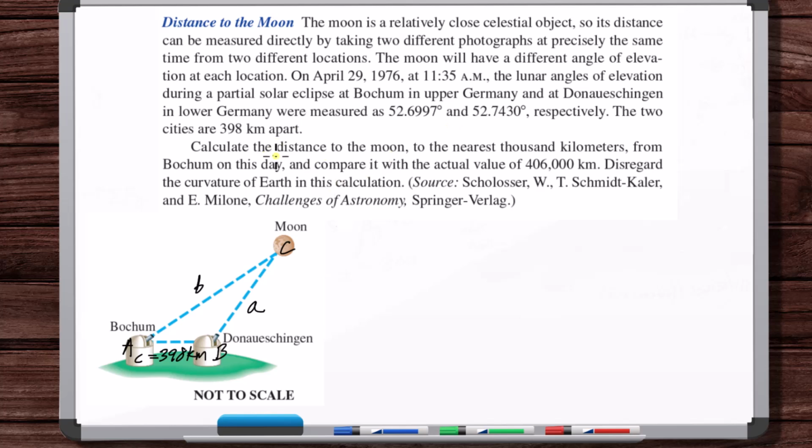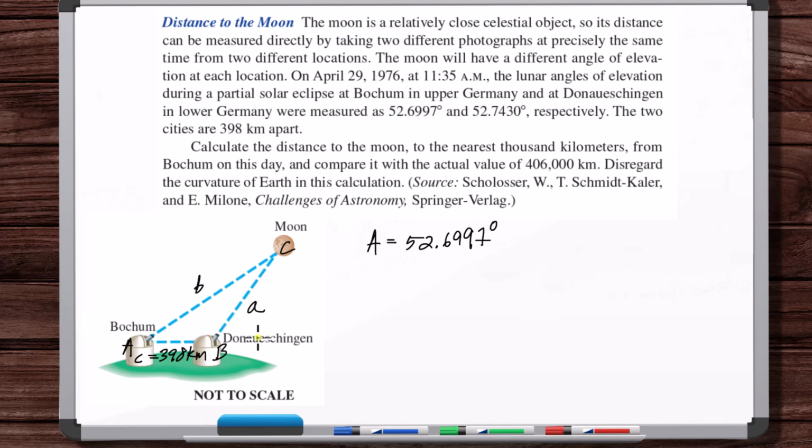What they're referring to is this is the angle of elevation from Bochum, so we can see that's going to be angle A. So angle A is 52.6997 degrees. But then this other angle is the angle of elevation. Angles of elevation are from the horizontal, the ground level. So that's what they're referring to.